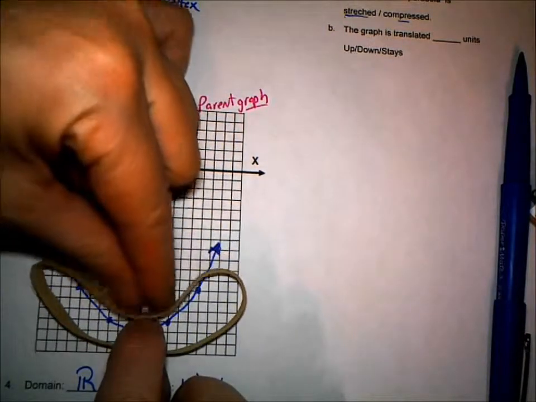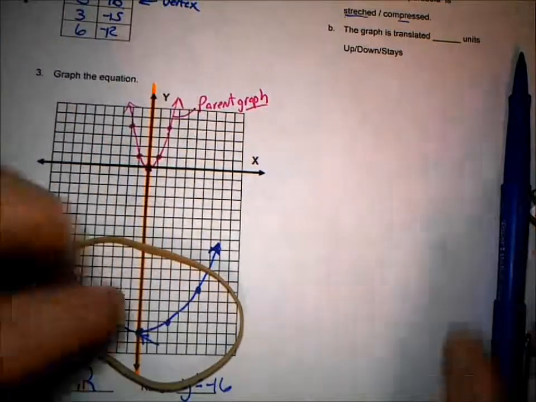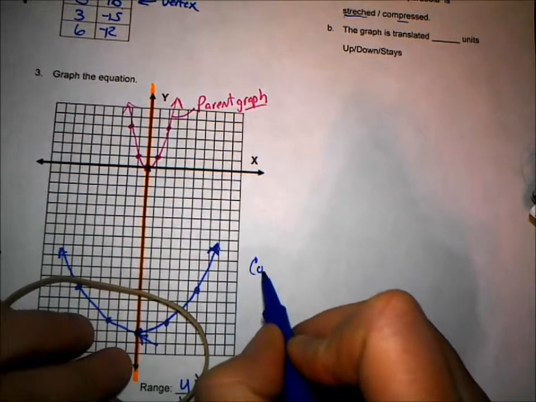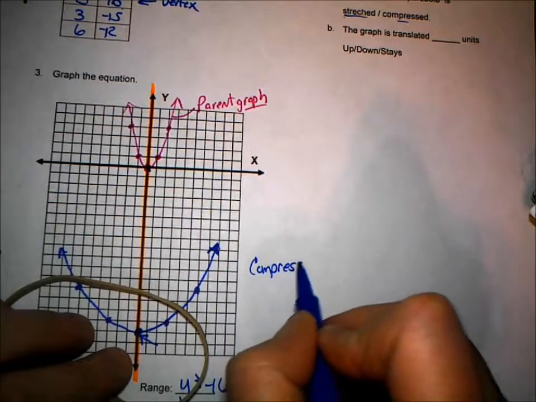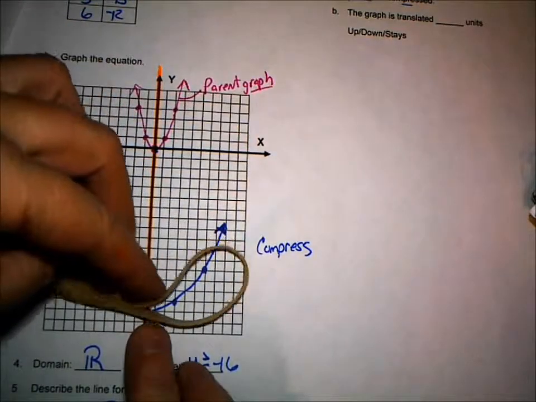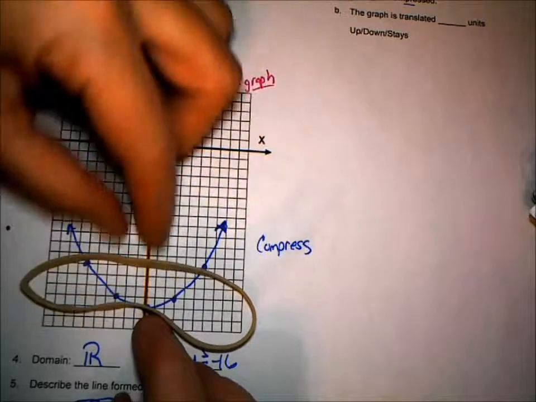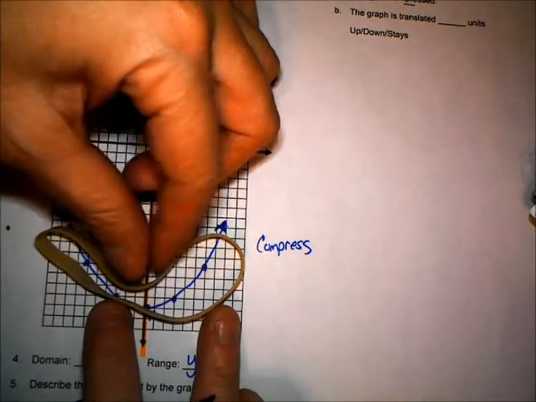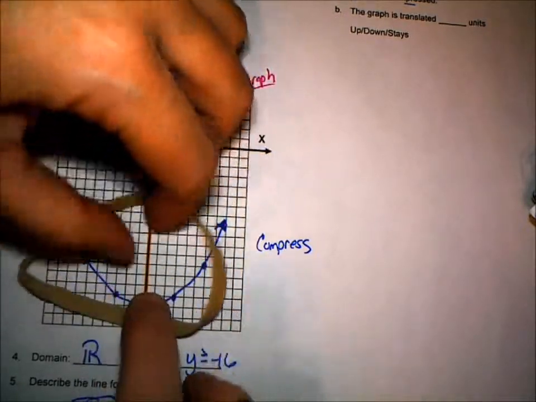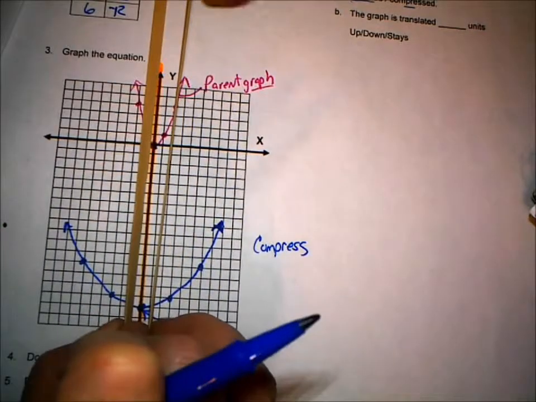Well, when I'm having to push it down, that means I'm having to compress this down. I'm compressing it to get it smaller. And that means the edges start flattening out and getting wide to form this graph. But as I stretch it, that would be a skinny one.